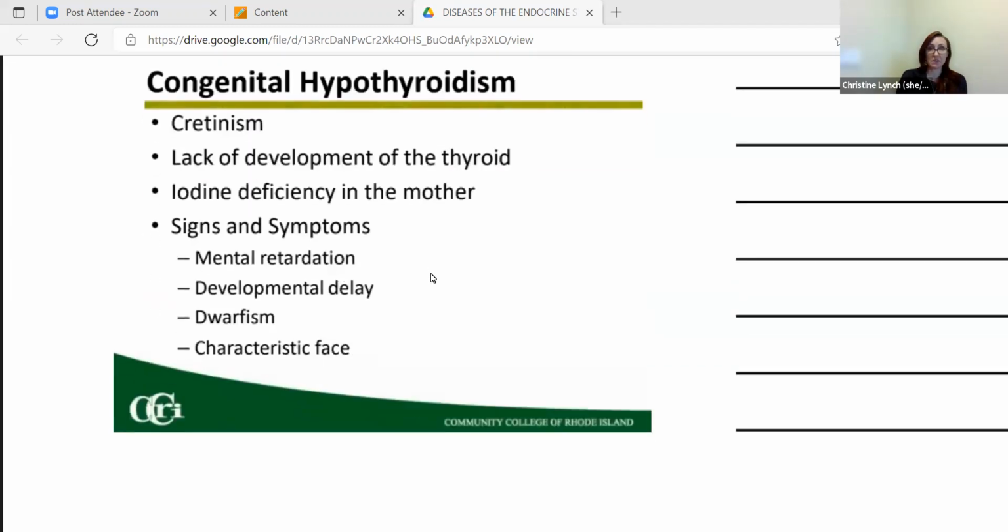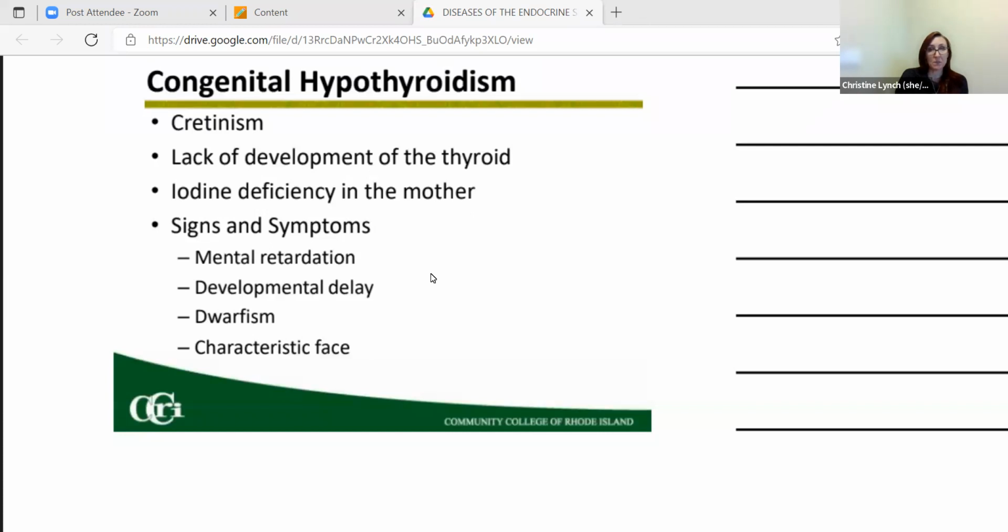And then we have congenital hypothyroidism. So this is known as cretinism, and it's caused by a lack of development of the thyroid. And it can be caused by iodine deficiency in the mother.